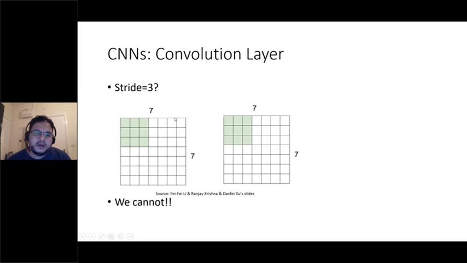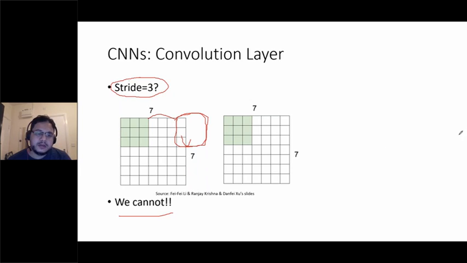After we move here, we cannot move further. With stride equal 3, we need 3 more values to move, so this part is almost ignored. This is a problem. Some strides or configurations, depending on the filter, will be a problem.